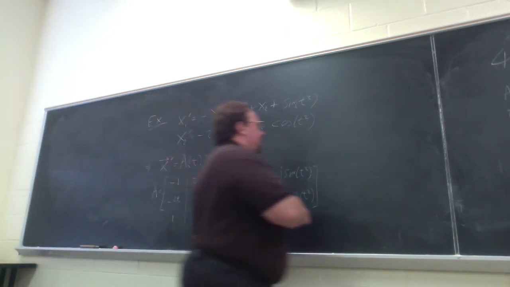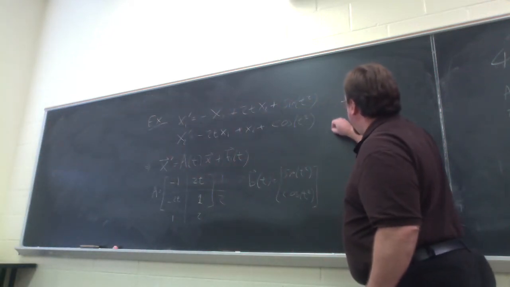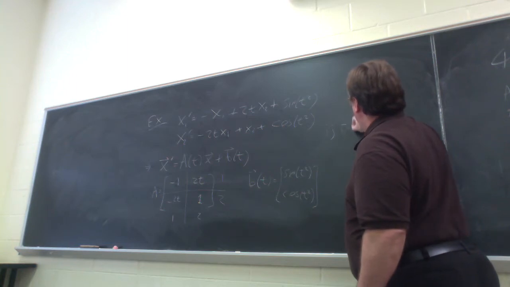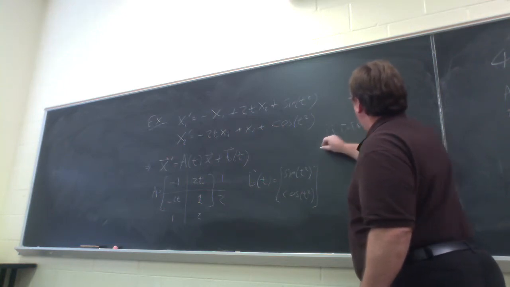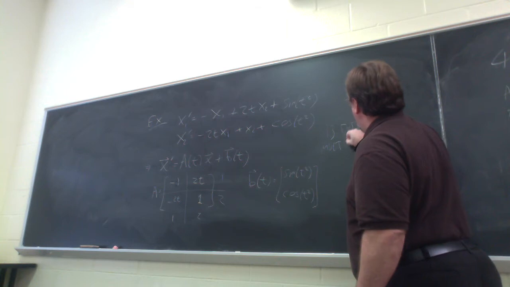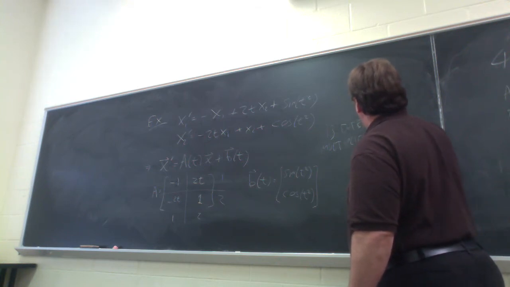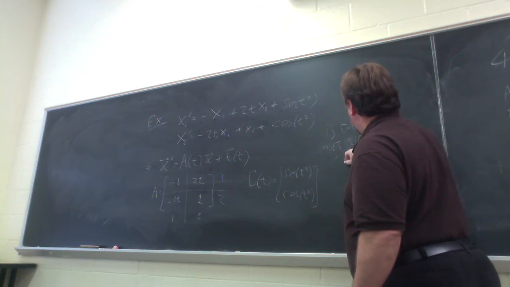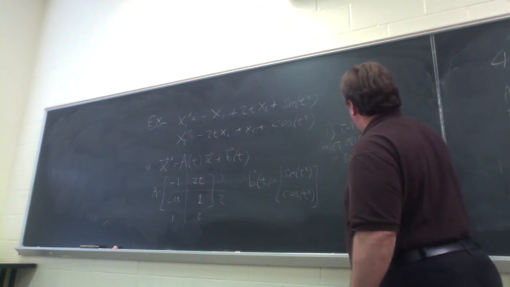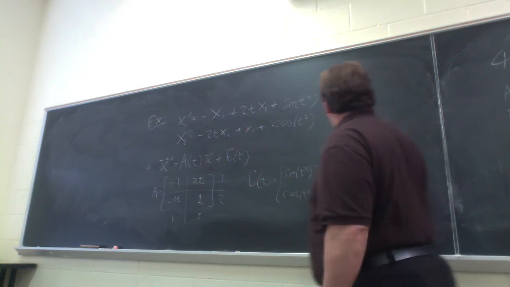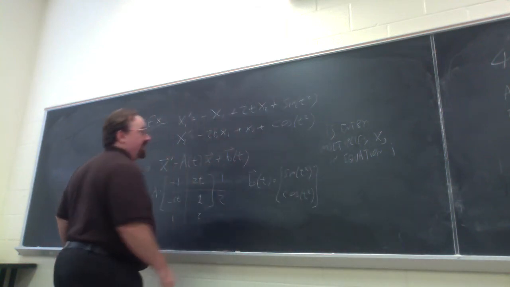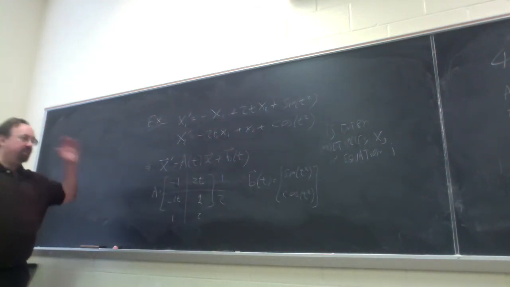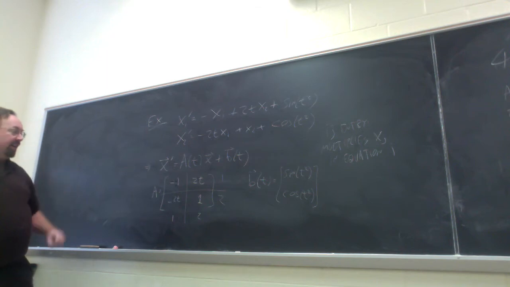So the idea is the ij entry is what multiplies xj in equation i. That's how you pick out your coefficients.